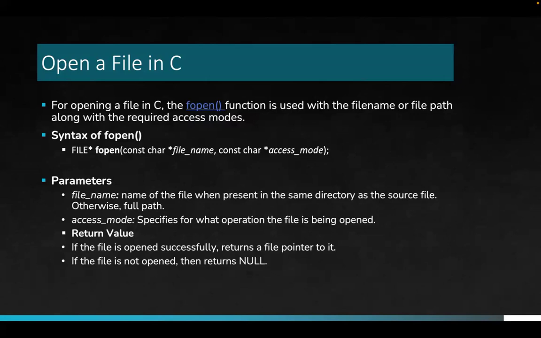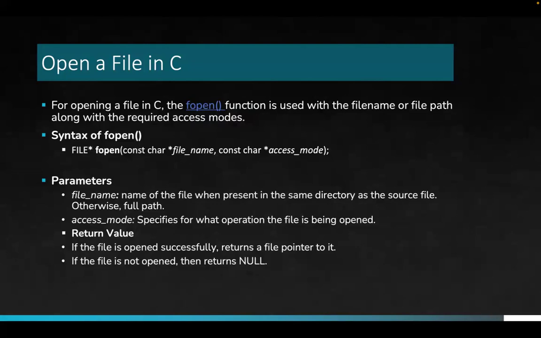Now, once you do this, what is the return type that the fopen function gives? It's very important. If the file is opened successfully, then it returns a file pointer. If the file is not opened successfully, it returns a null pointer. Null means it has nothing, zero. So that is a check.